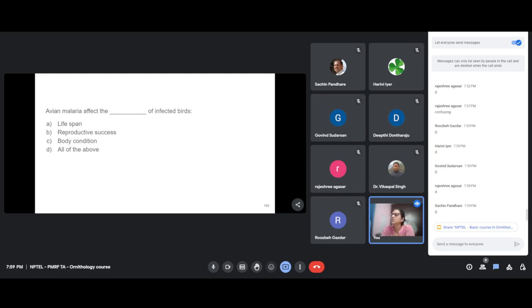Okay, yeah. So, yes, you are correct. All of the above is the correct answer. It does affect all these parameters.